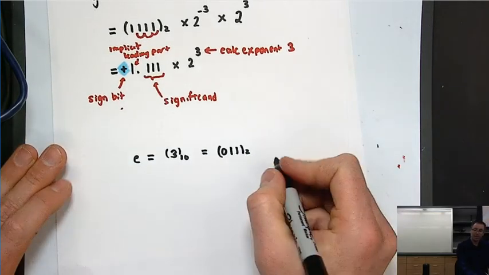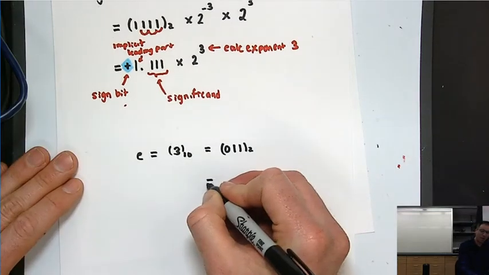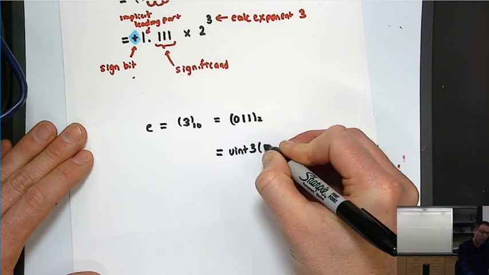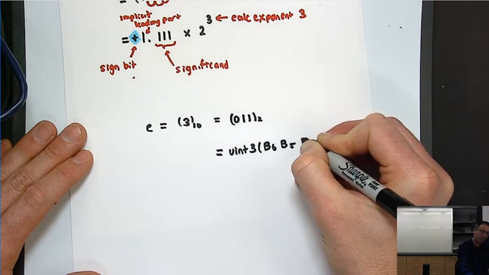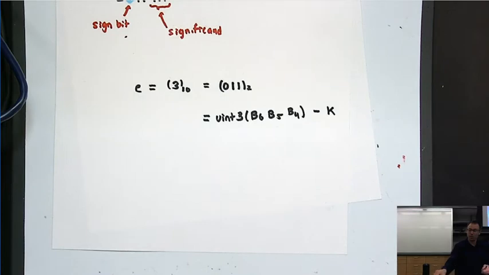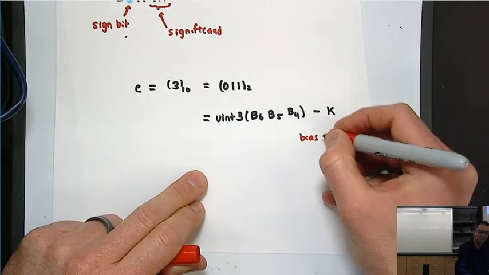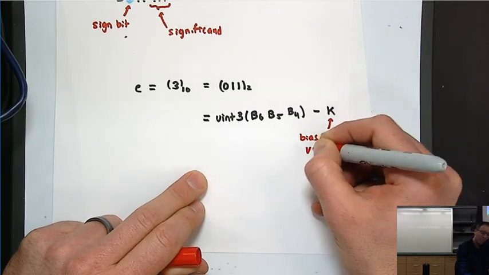But the claim is we're going to think about this as the actual raw bit string. So the interpreted value of the bit string, B6, B5, B4, minus some bias. So this is going to be the bias that we talk about. And we'll talk more about what this means as we go on.